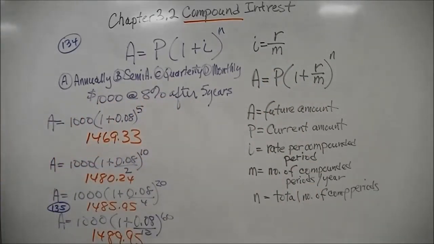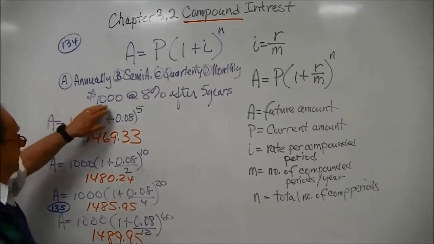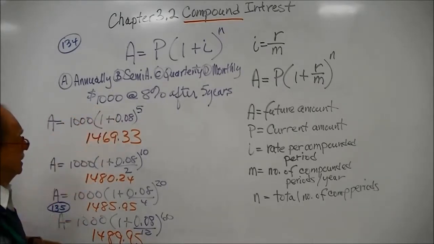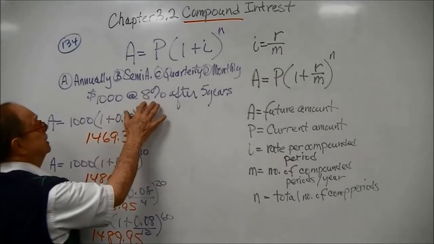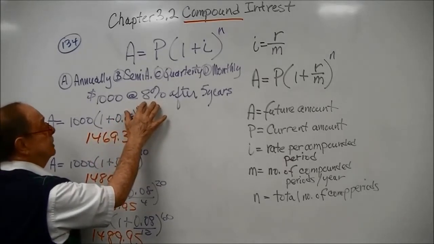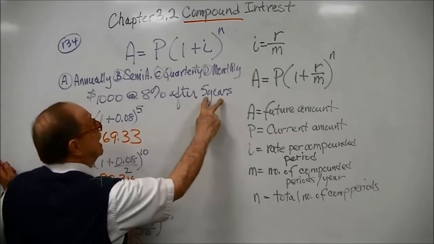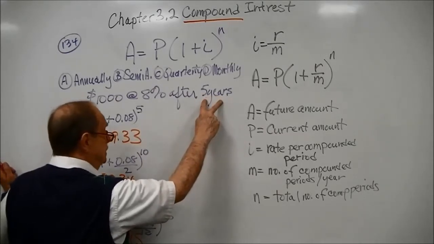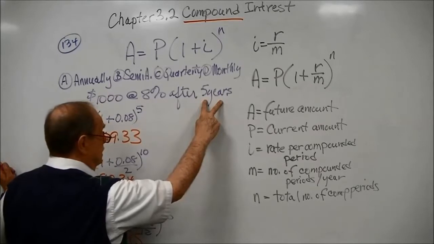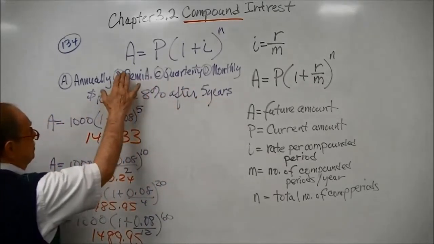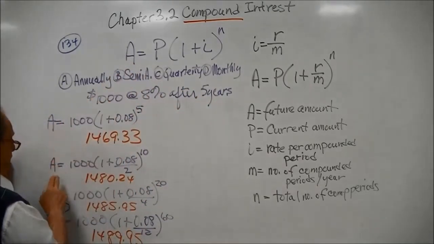So here's our problem. We have $1,000 that's going to be at 8% interest. What will be your future amount after 5 years? Okay, so we don't know the future amount in any of these.